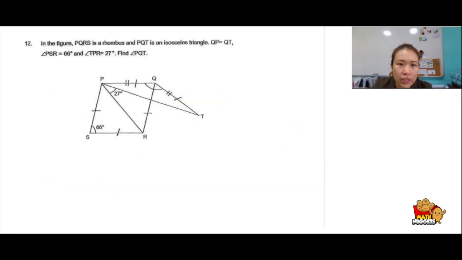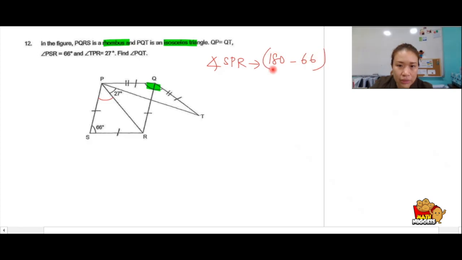Question 12, we're supposed to find angle PQT. We have a rhombus. We have an isosceles triangle. First, let's find out this angle. So angle SPR will be 180 minus 66 divided by 2. That's 57 degrees. So over here we have 57 degrees.